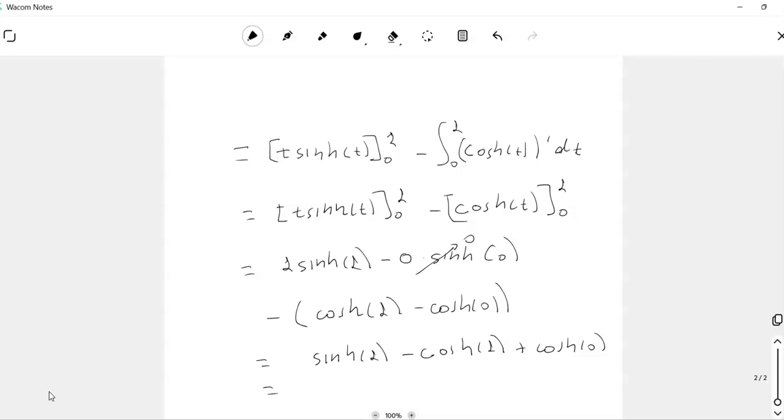Now what do we have to do? Sinh 1 is e minus e to the minus 1 divided by 2, minus e to the 1 plus e to the minus 1 divided by 2. So this is the half difference and this is the half sum, plus cosh 0 is 1.